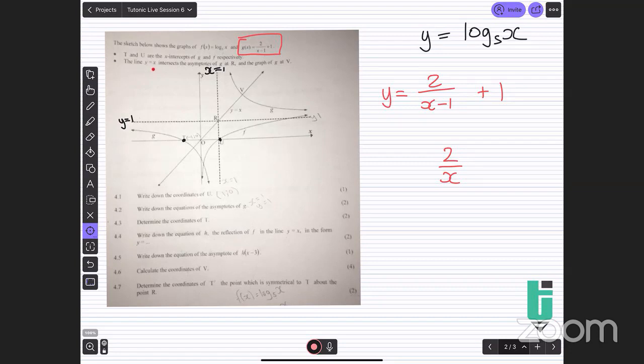The line y equals x intersects the asymptote. So R is 1, 1. Do you guys agree? The asymptotes are x equals 1 and y equals 1, so the intersection is x equals 1 and y equals 1.